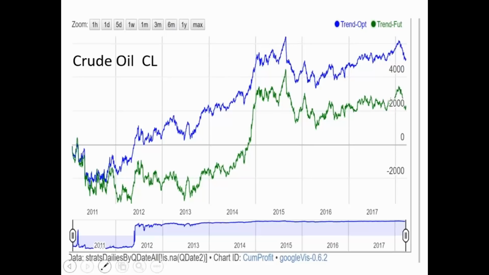Arthur? On this one? Oh, the green one. Yeah, exactly. Let me first of all repeat Arthur's point here, which is that if you look at the crude oil trend following chart, you'll see that there's a whole series of years where you have no profit at all, and you're probably doing worse than that if you add in the commissions.